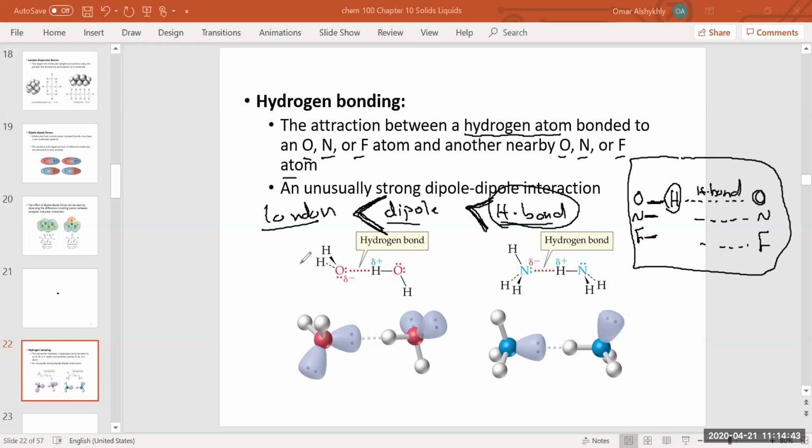Okay, now as I said, sometimes it's confusing for students to find the hydrogen bond. Look here. Not always when there is a hydrogen does that mean there is a hydrogen bond. Look here, CH4. Does CH4 form a hydrogen bond with another CH4?